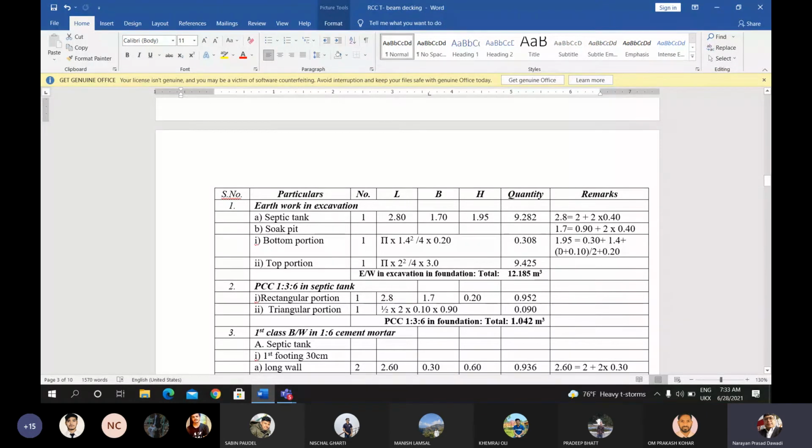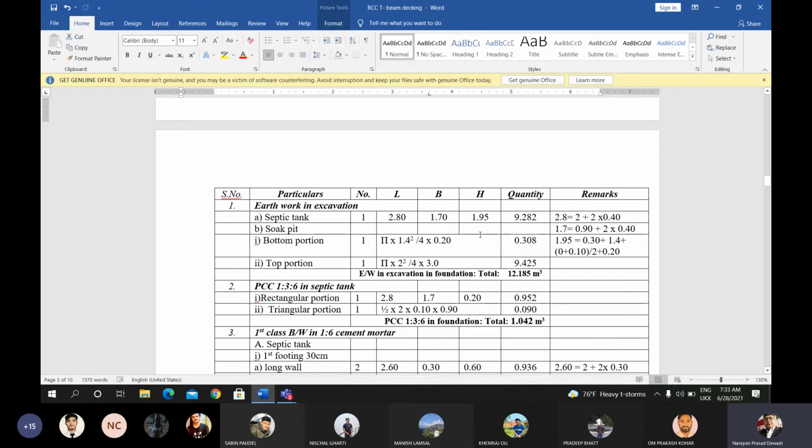You have to mention how you take these dimensions while measuring the quantity. You have to mention it in the remark column, so that one can easily understand how you took the values of 2.8, 1.7, and 1.95, and can check whether you did the estimate correctly or not.